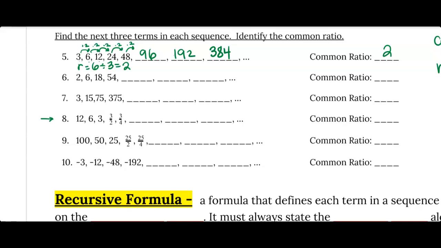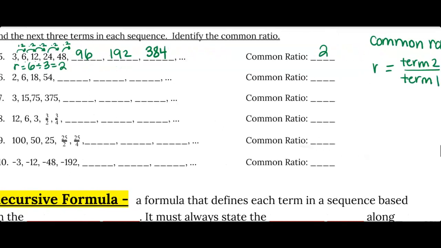So you might say, oh, well, look, 12 divided by 2 is 6, and 6 divided by 2 is 3. And that is great, but we don't want to say divides because we can't say that. We just want to give a number that is our common ratio. If we say it's 2, then that's going to imply that you're multiplying by 2. So we want to know what we can multiply by to get 6 from 12.